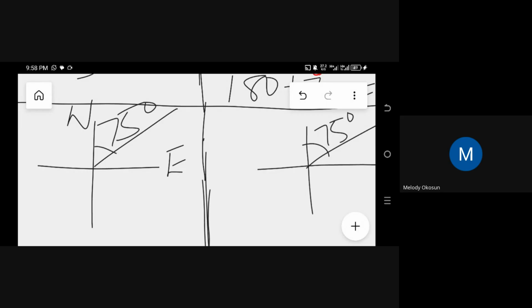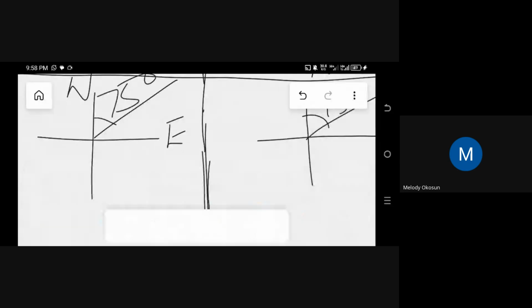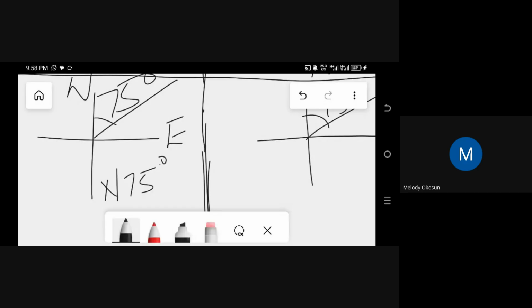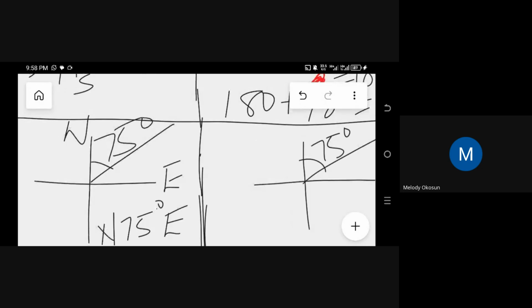So if 75 degrees is already touching the north, then we don't have to subtract. We simply say this is not 75 degrees east, because that 75 degrees is touching the north as it is.